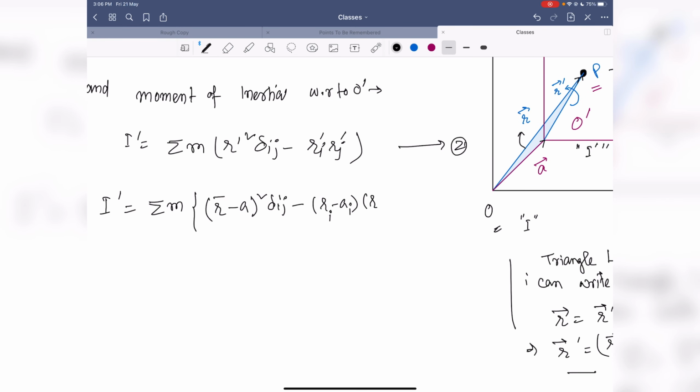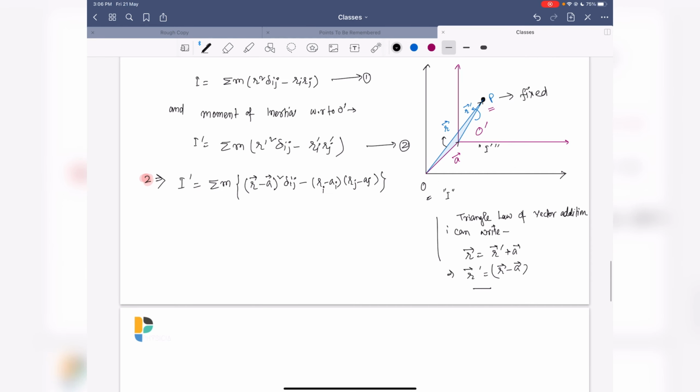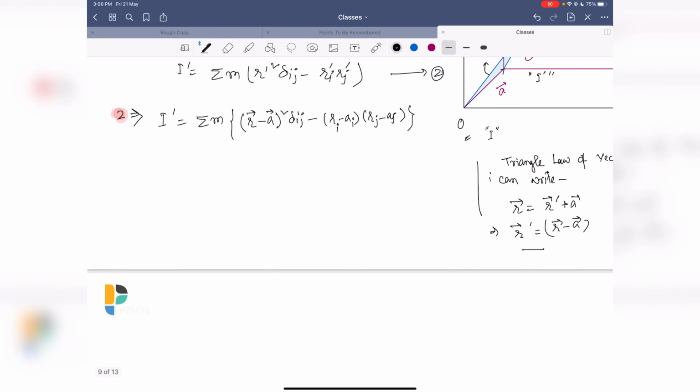Now you see it is a complete vector, but these are the components of the vector. So I will write Ri minus ai and Rj minus aj. Clear? Now I will break this out and let's see what happens.